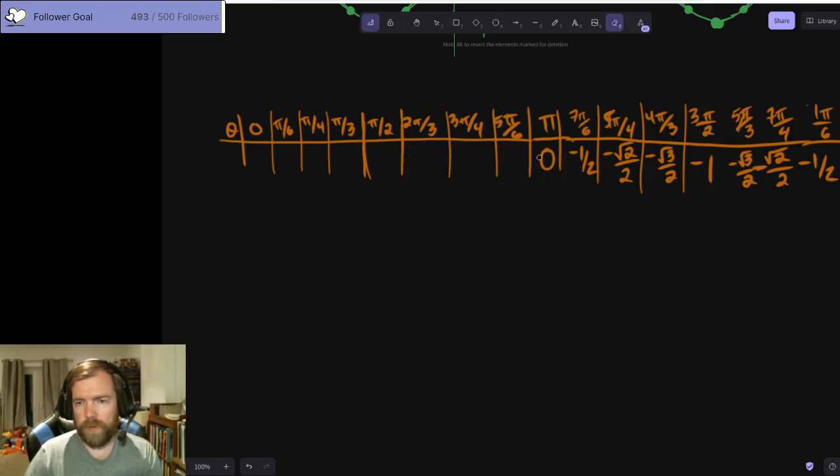So what if we were to look at the ratio between our x and our r, rather than y and r?